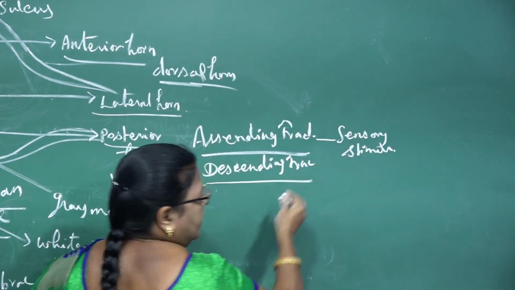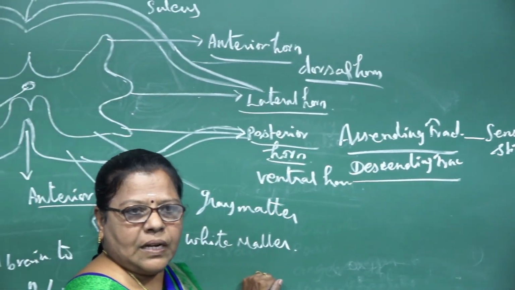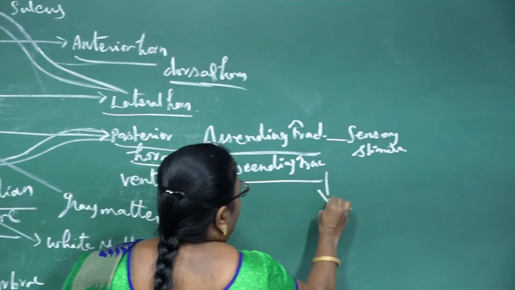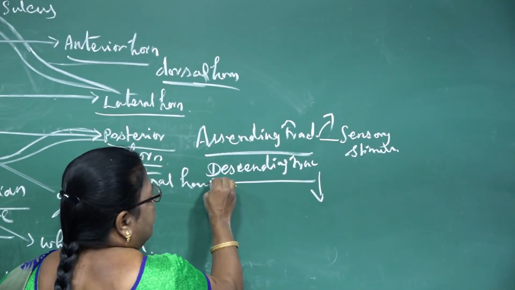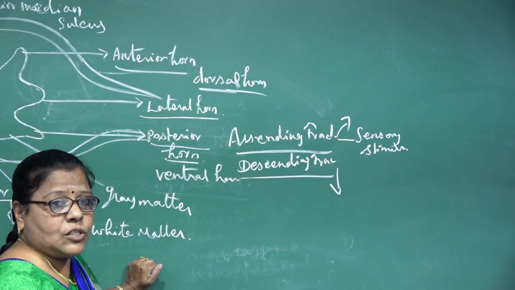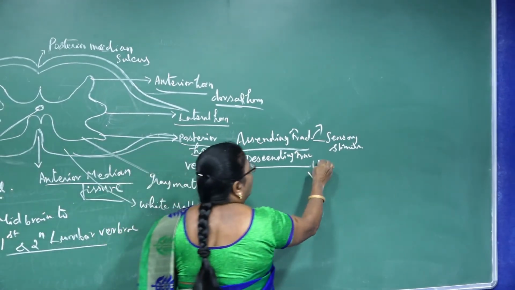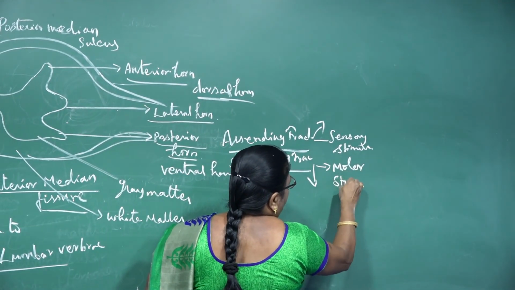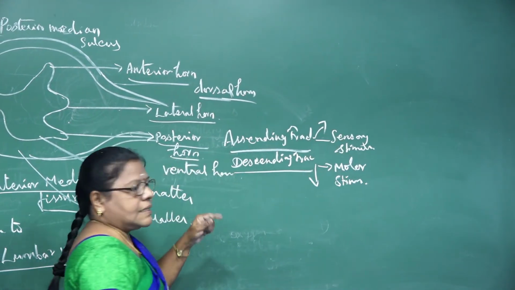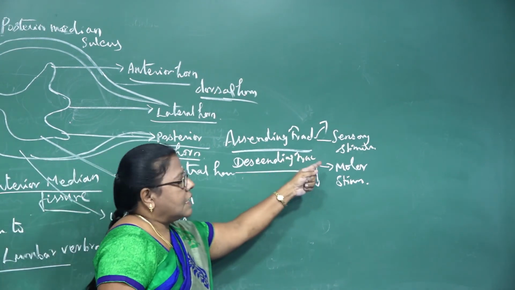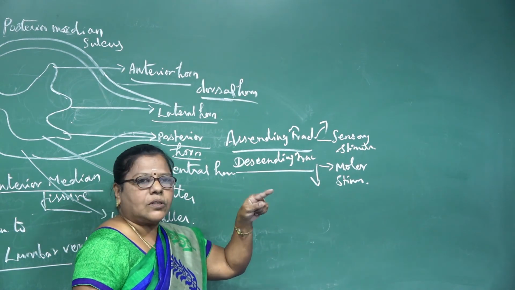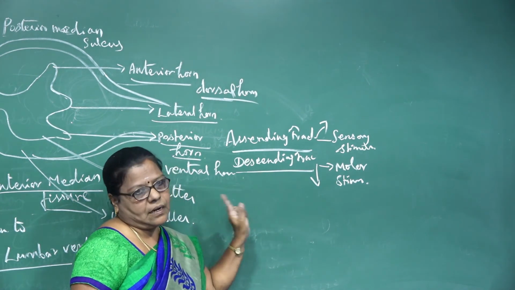The descending tract carries the stimulus from the brain to the spinal cord. That stimulus is called the motor stimulus. Ascending tract carries the sensory stimulus from the spinal cord to the brain. Descending tract carries the motor stimulus from the brain to the spinal cord.